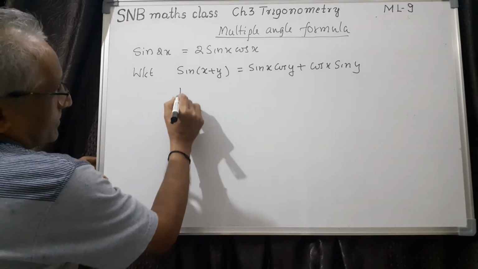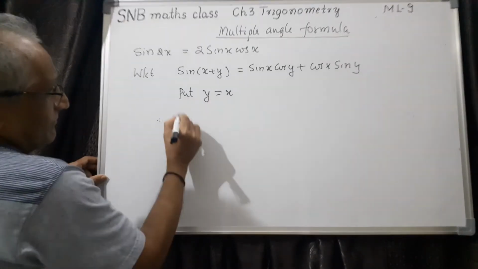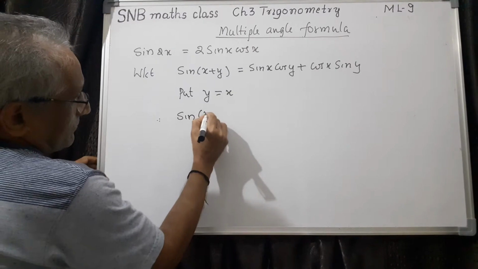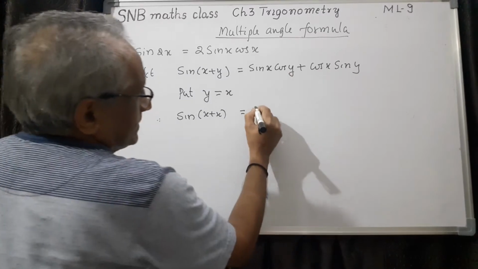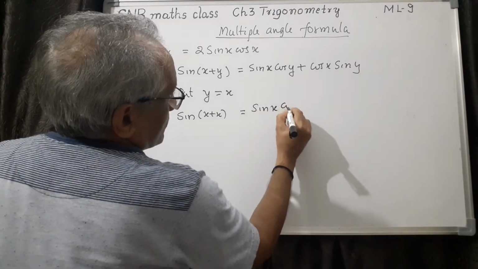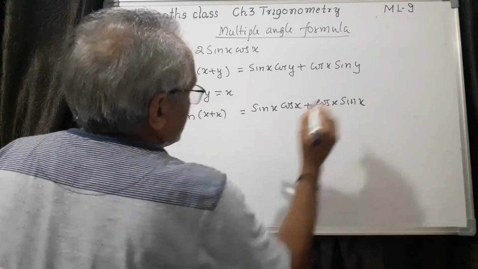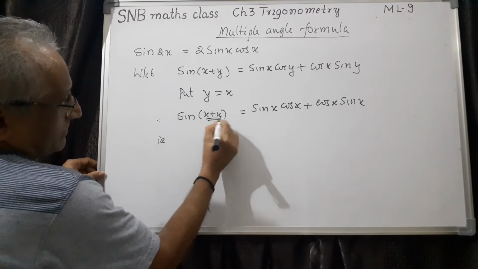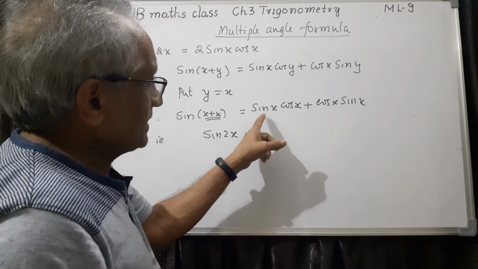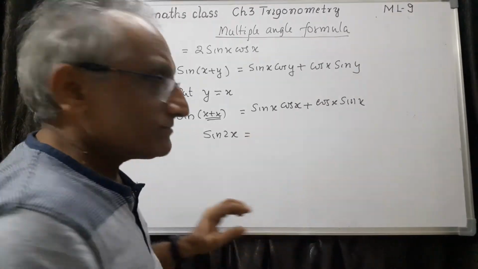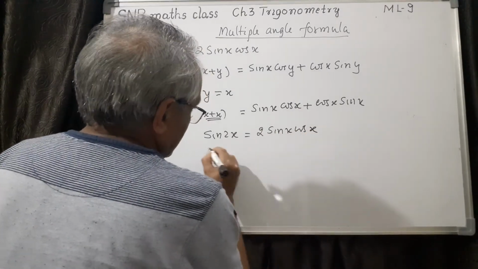The left hand side will be sine of x plus x. This will be equal to sine x cos x plus cos x sin x. This becomes 2x, so sin 2x equals sin x cos x or cos x sin x, one and the same. So we can write it as 2 sin x cos x. So this is the formula.